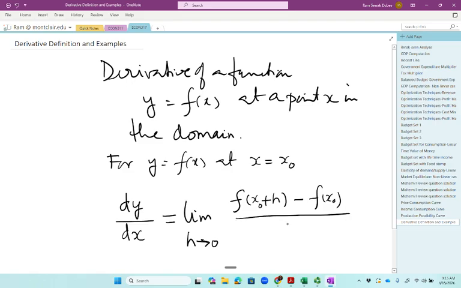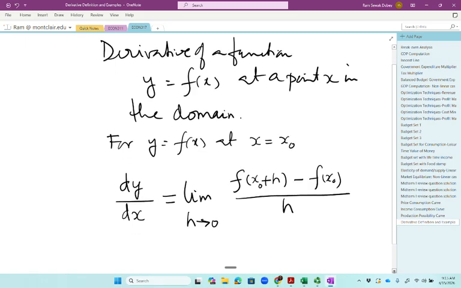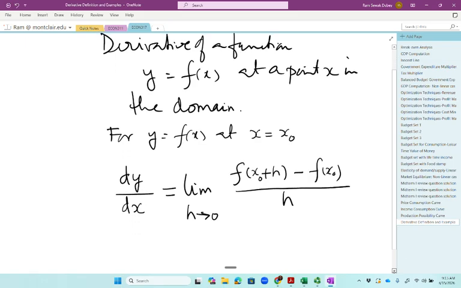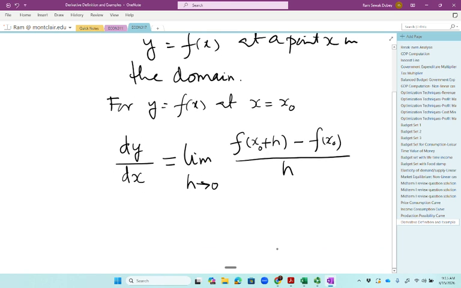I divide this difference by h and I compute this limit. If this limit exists, we'll say that is the derivative of the function y equal to f of x at x equal to x0.